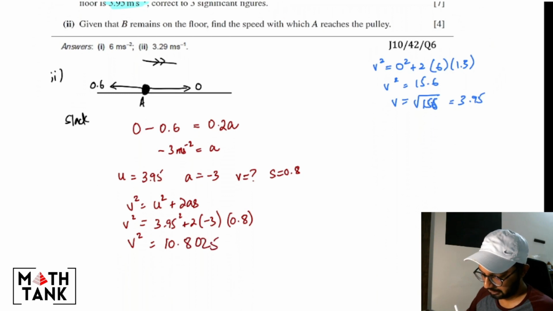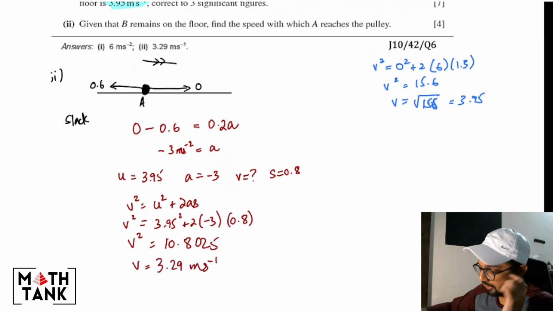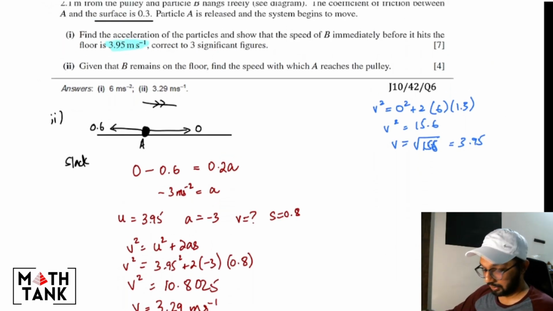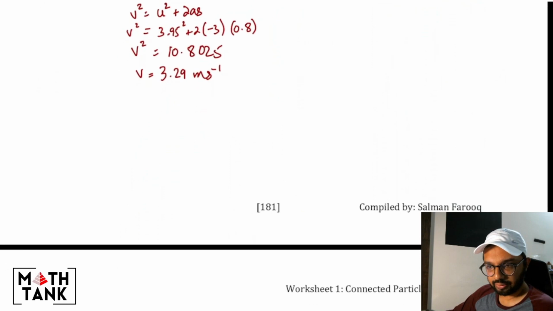That gives 10.8025, and I take a root, and that gives me 3.29. So that's the correct answer. 3.29 meters per second is the correct answer. Okay, so a good 11 marks on this question.